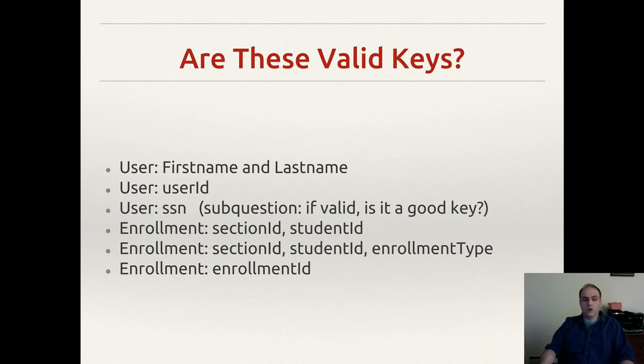So we're going to discuss the difference as far as which one you actually choose to use. But the important part here, the exercise we're doing, is just identifying what is a valid key. Any one of the three of those is valid, but which is a good one? I would conjecture that we should use user ID out of these three.